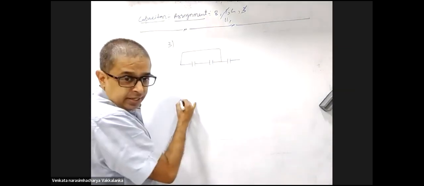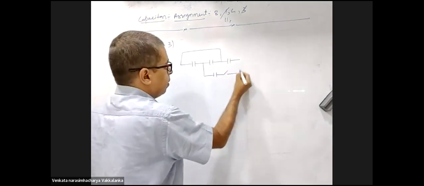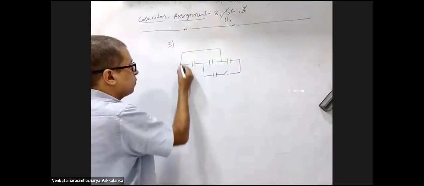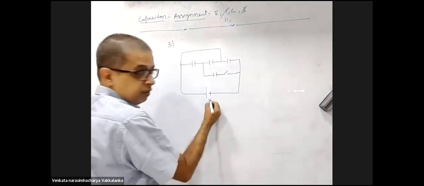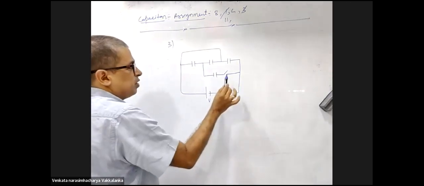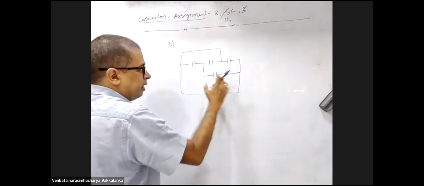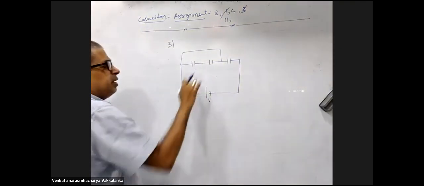These both are connected. This C is connected to the capacitor C. This is V. When the switch is open, this capacitor is out of the circuit. Right? When the switch is open, technically, let me not draw this so that you'll be very clear about what's happening.